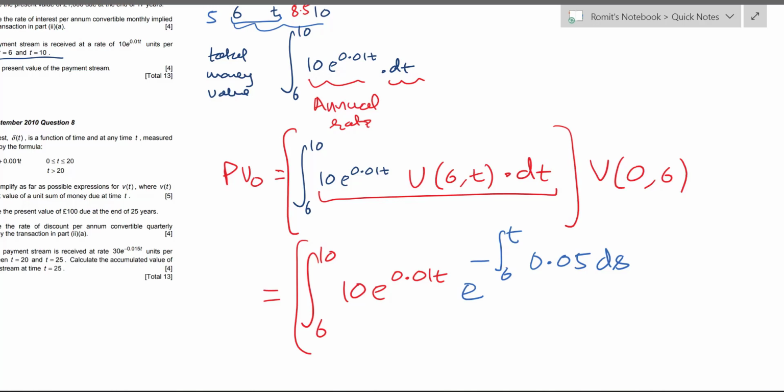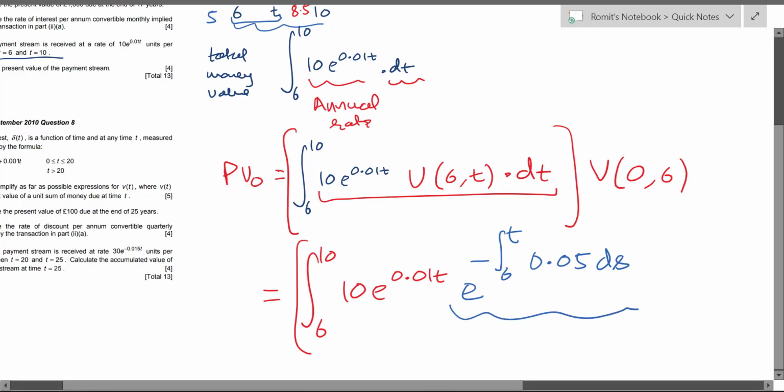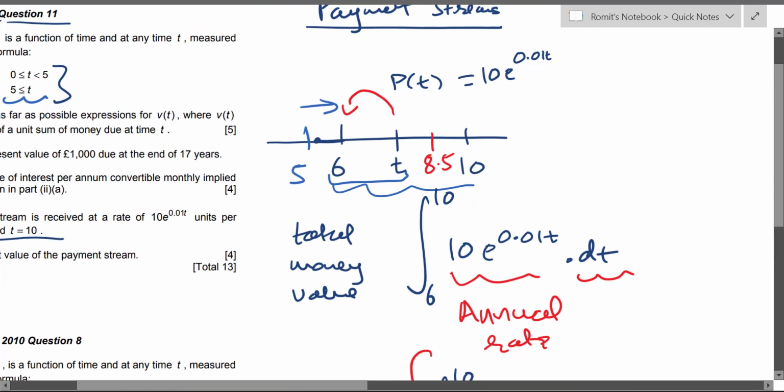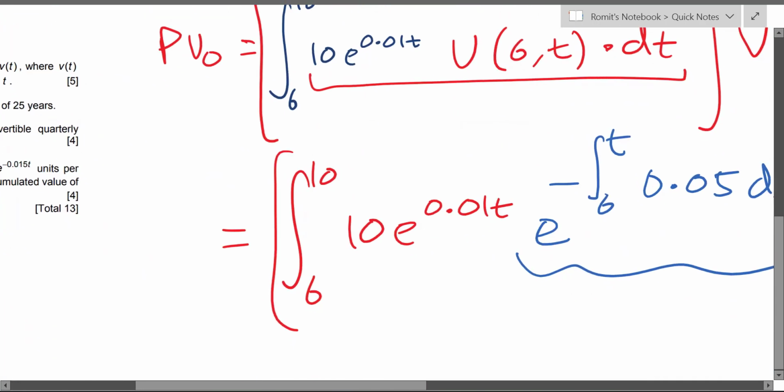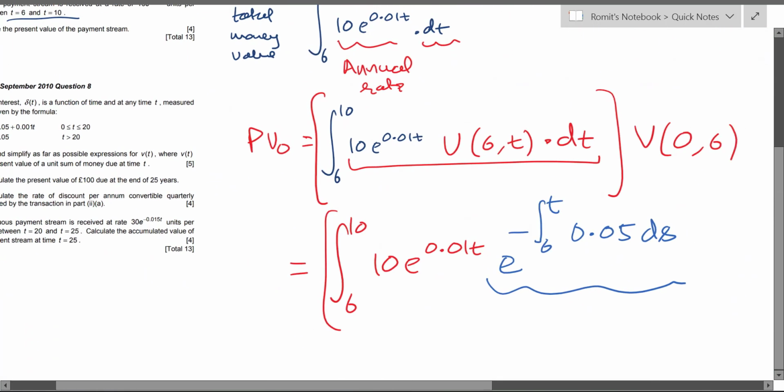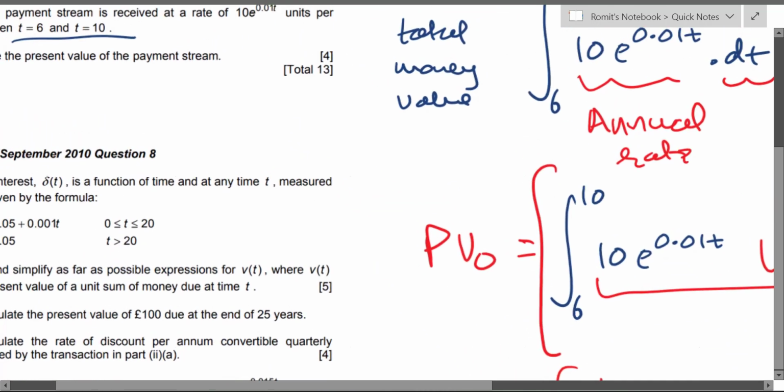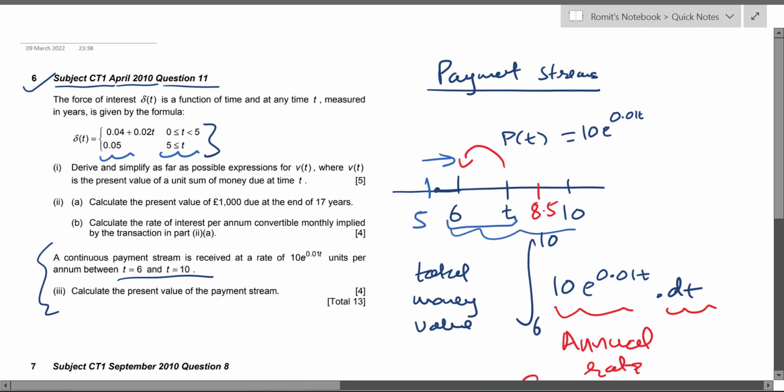So this is basically the discounting factor that discounts this payment of 10 e to the power of 0.01 t dt from time t to time 6, and t is a representative time, so t will vary from 6 to 10, and for every t this discount factor will be different.